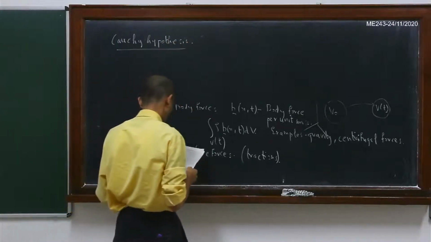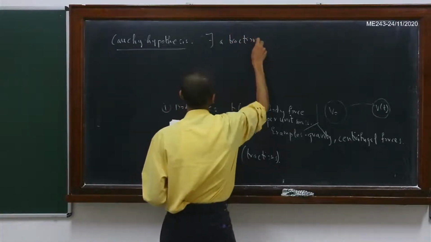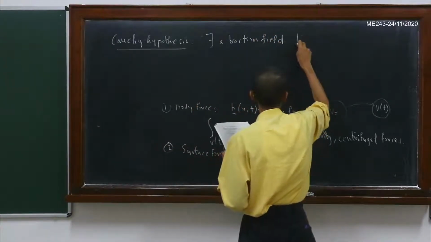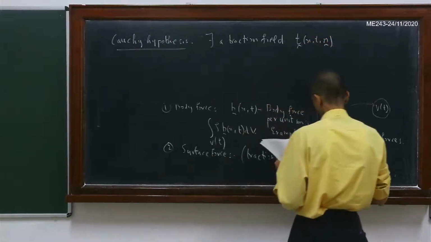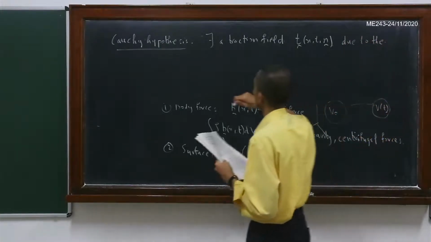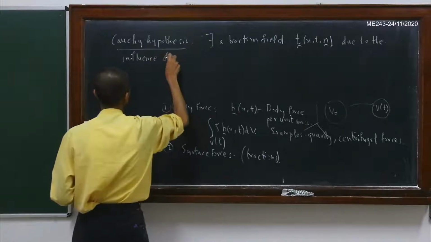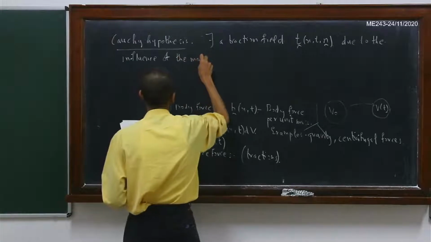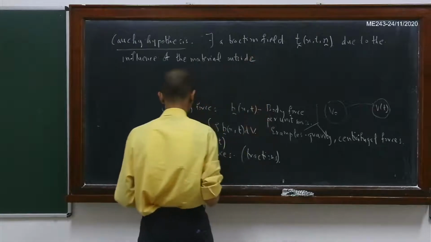What it says is that there exists a traction field T of x, t, n due to the influence of the material outside of S of t.